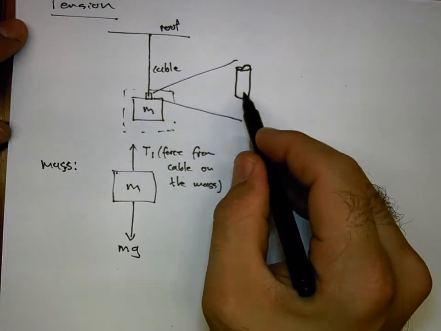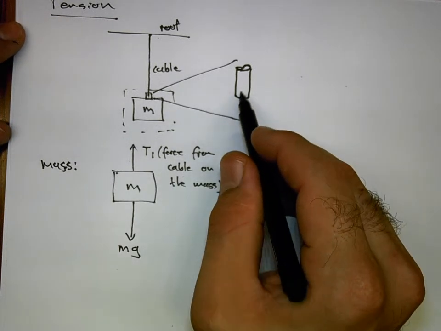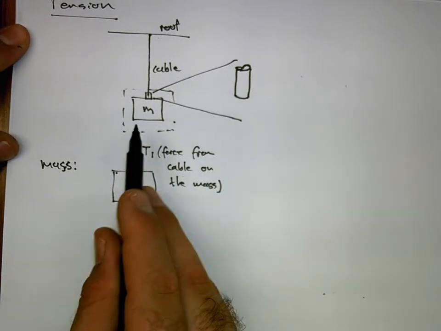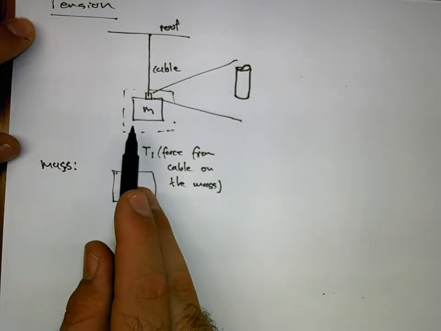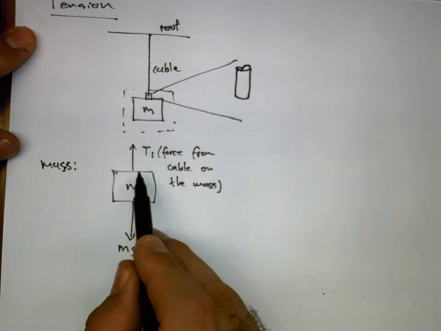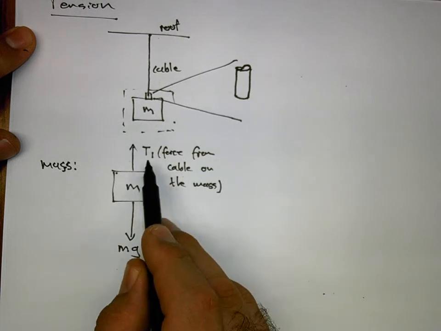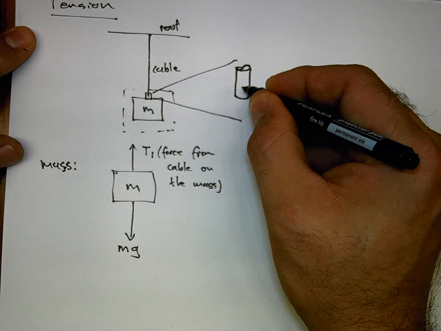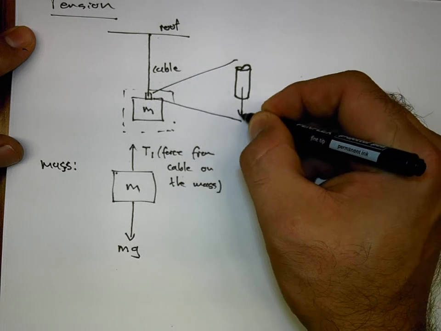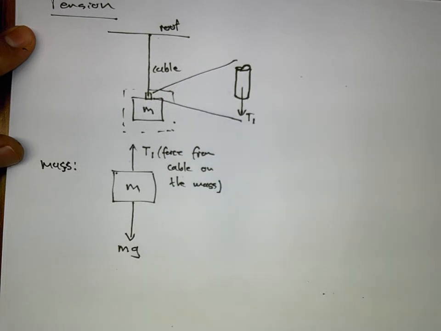Now this piece of cable is also stationary. If the mass is just hanging there doing nothing, the cable is just hanging there doing nothing. But we know there's a force from the cable on the mass of T1. From Newton's third law, it means there must be an equal but opposite force from the mass onto the cable, which is also equal to T1.